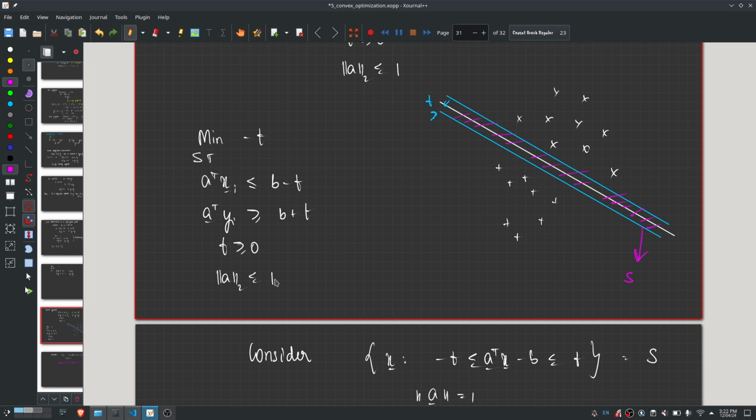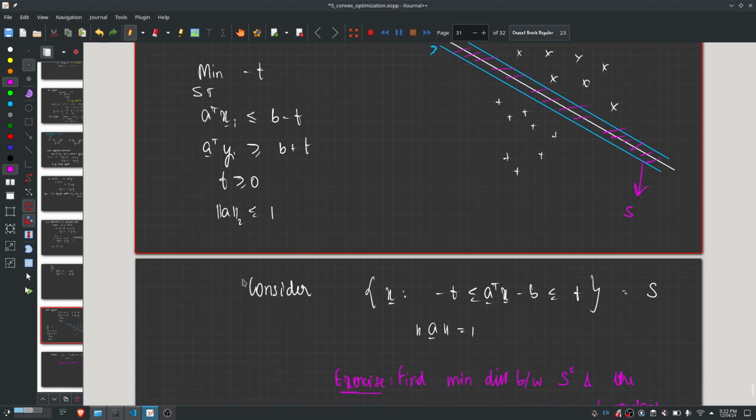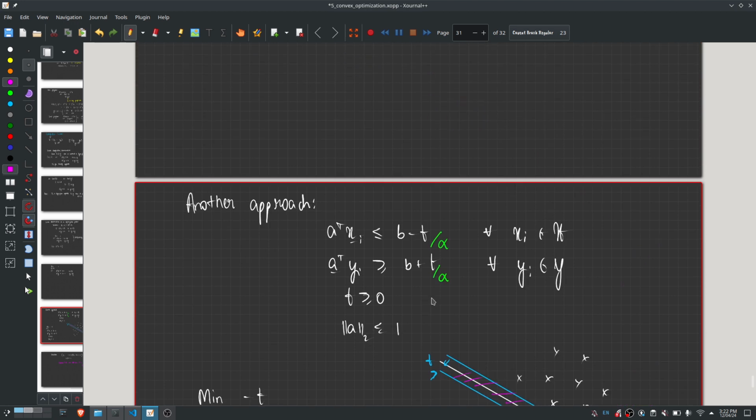So given a particular A, I'm effectively allowing solutions that can multiply both A and B by the same amount, but that factor has to be less than or equal to 1, right? Which means that if I multiply both A and B by the same alpha, then that alpha has to be less than or equal to 1.